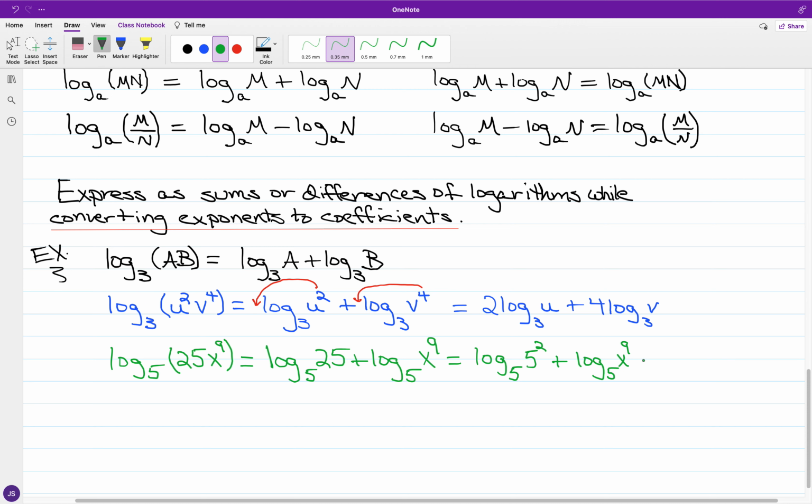And so for the base 5 logarithm of 5 squared, the logarithmic base and the exponential base will cancel each other, so the log goes out altogether. So we're going to have just 2 left over. And for the second term, 9 is going to be brought to the front. So this will come down to 2 plus 9 times the base 5 logarithm of x.